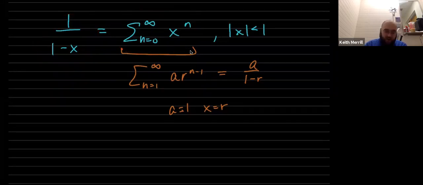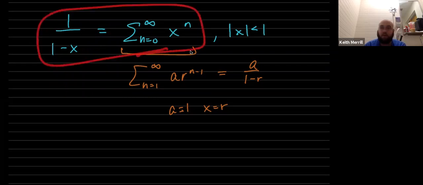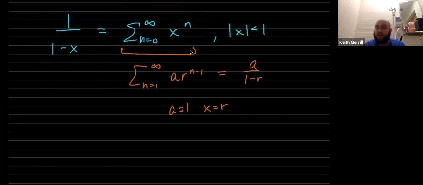But where they agree, on the interval -1 to 1, these two expressions will give the same value for any real number. It just happens that this one can be defined more broadly than this one can. They both have problems at 1, but this one also has a problem at -1. -1 is no good. Okay, so that was just a brief aside on where that expression was coming from.